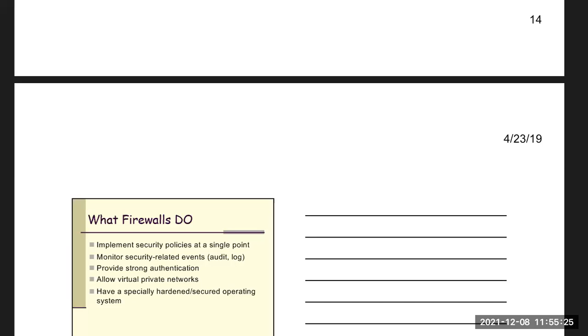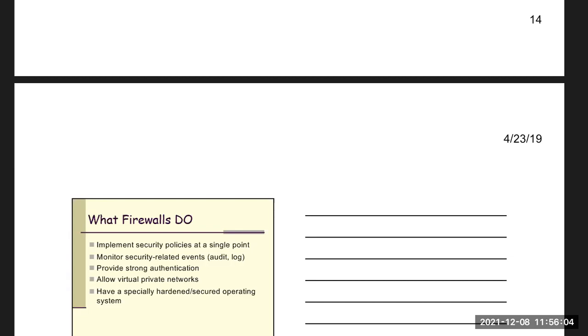Then it provides strong authentication. We have already seen the authentication problem. Let's say there is a sender and a receiver, and the sender sends a packet in the unsecured channel. For authentication, it will encrypt with the public key of the intended receiver.